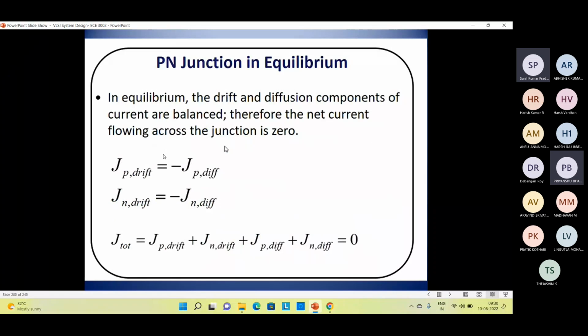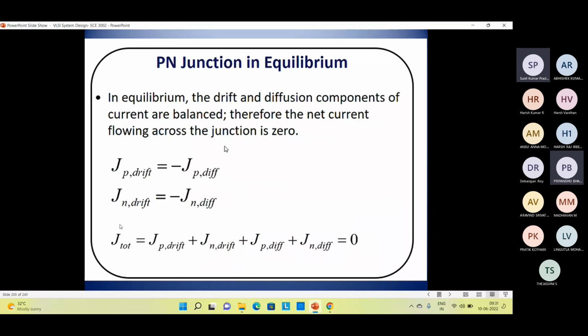Similarly, Jn drift is equal to minus Jn diffusion. That is, drift current for electron is equal to minus diffusion current for electron.